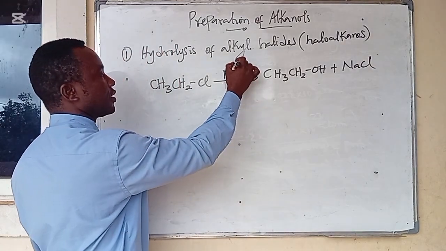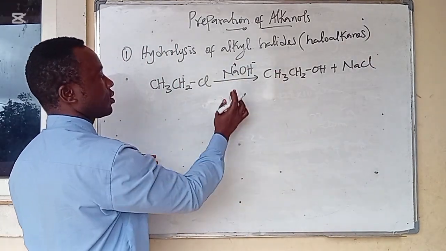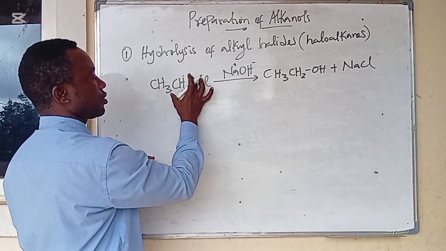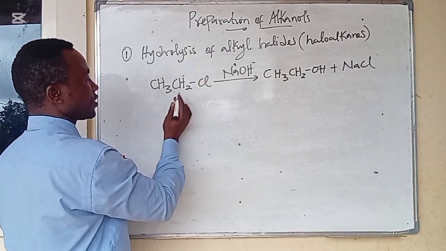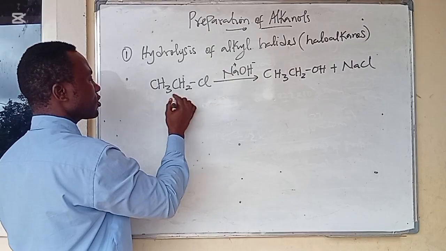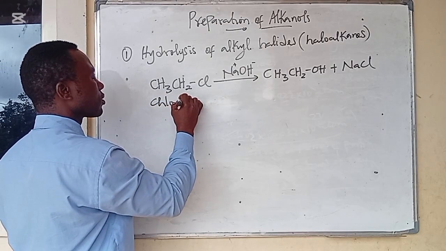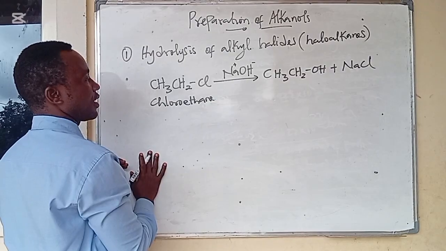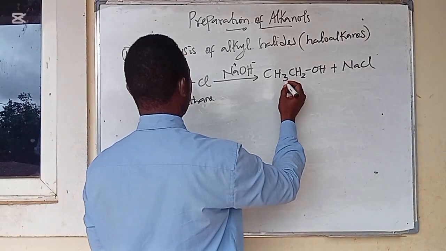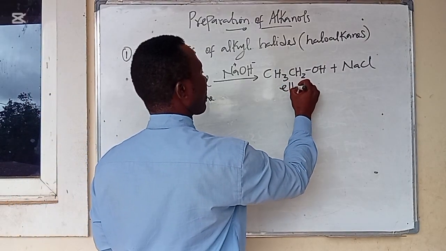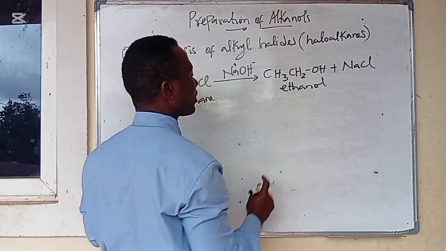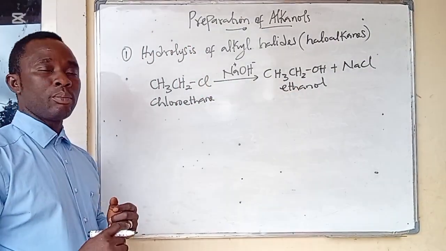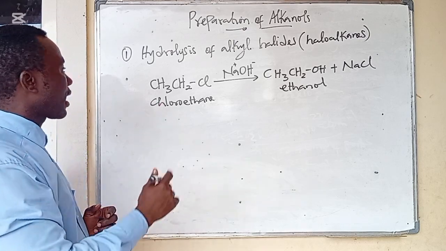Remember, the base is this. So you see that sodium will pick chlorine, while OH comes here. So this is chloroethane, which is an alkyl halide, and here we have ethanol. Anytime we hydrolyze haloalkane using a base, sodium hydroxide, we get alkanol.